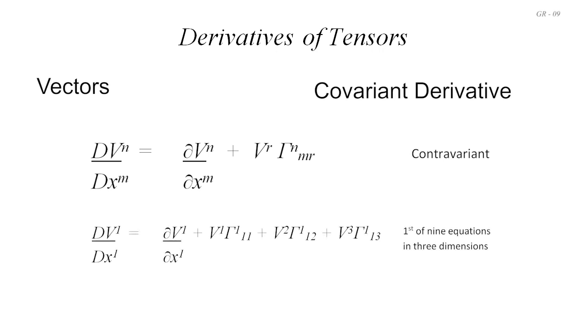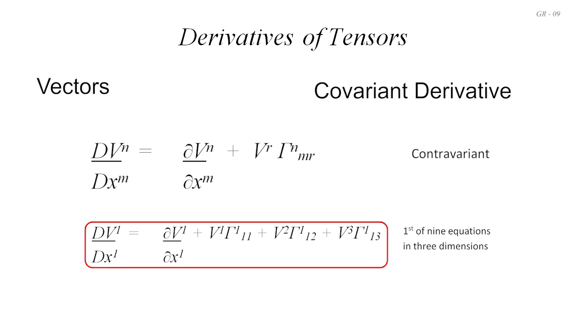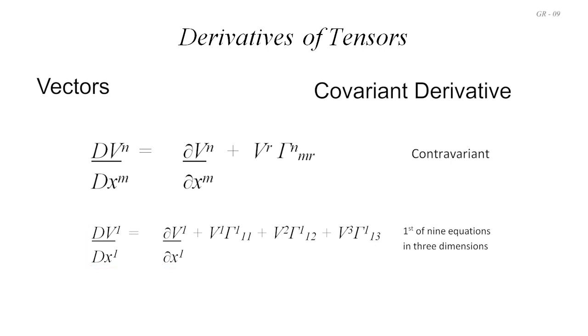Here's the first of those 9 equations for the covariant derivative of the contravariant component of a vector v in 3 dimensions, written out in a little more detail. It is the covariant derivative of the contravariant component v1 with respect to x1. This, of course, would look far more complicated if we wrote in the details of the 3 Christoffel symbols. Remember that once calculated for a particular point in space, this covariant derivative of the contravariant component v1 of the vector that exists at that point will not change when a different frame of reference is used to measure the same thing.